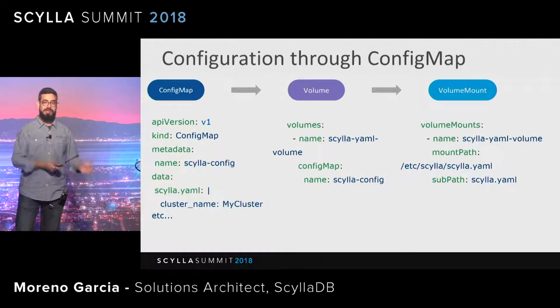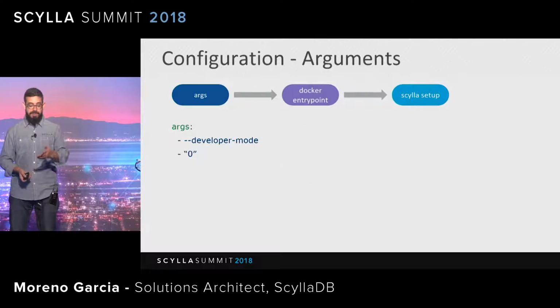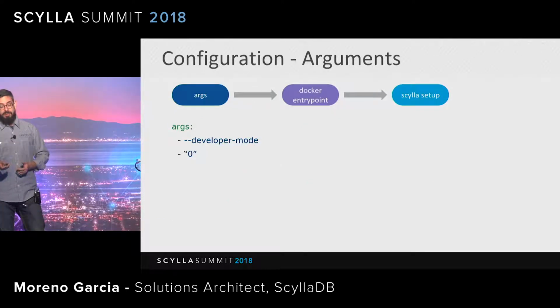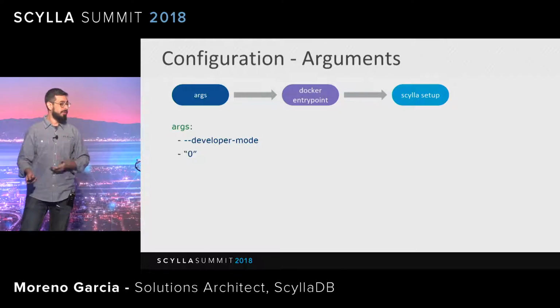But there are two ways to pass configurations to Scylla. One is the Scylla YAML file. The other one is the parameters or arguments that you can pass to the container itself. For example, if you are turning off the developer mode, as I mentioned in the beginning, this is how we do it inside the stateful set.